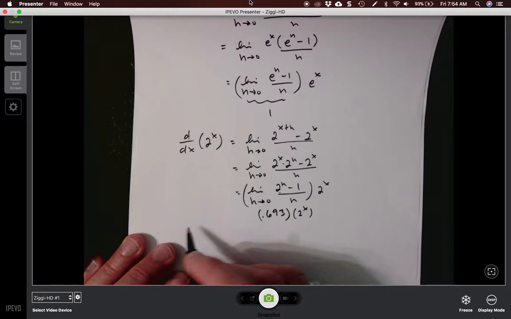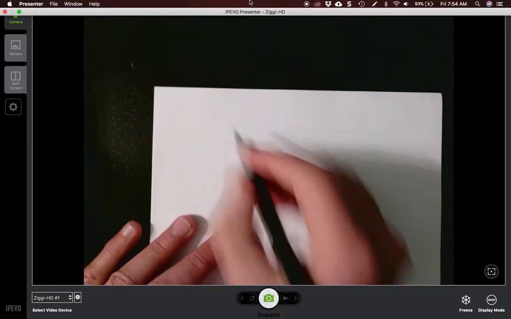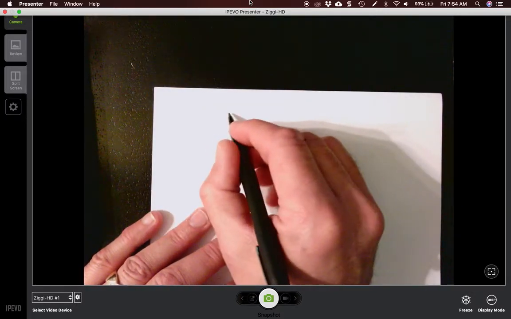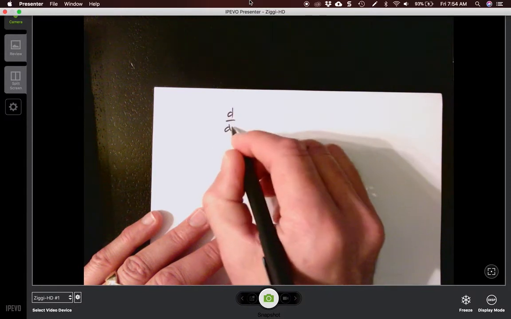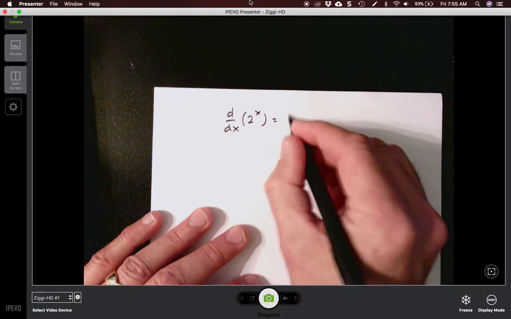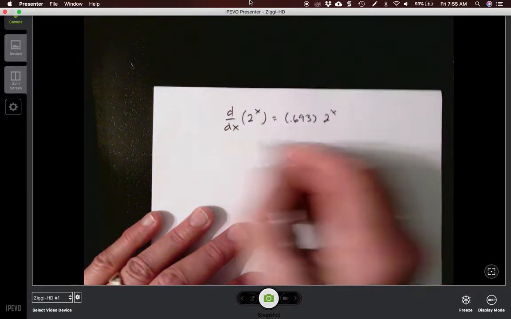If I wanted to find the derivative of 3 to the x, we can do exactly the same thing. Now I want to generalize this. If we take the derivative with respect to x of 2 to the x, we get 0.693 times 2 to the x.